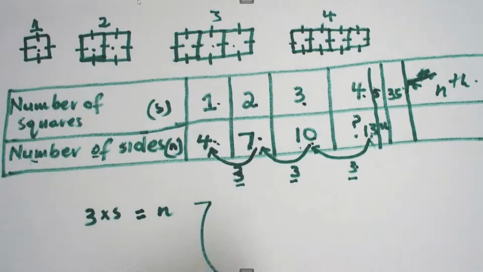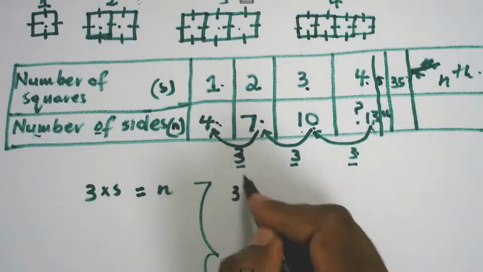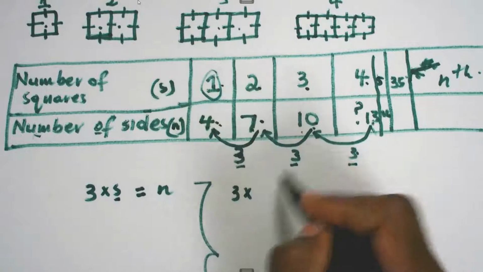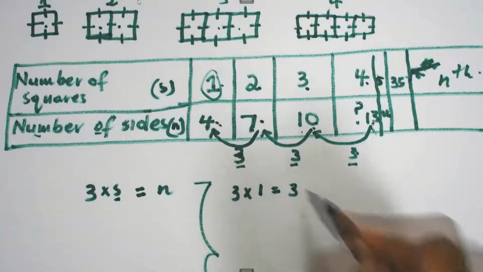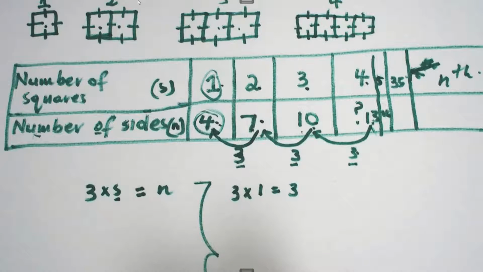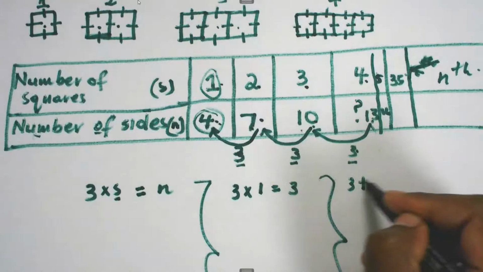We do our own estimate. We say, okay, if I take this 3 and multiply it by the number of squares, in the first one I've got 1. 3 multiplied by 1 equals 3. But the sides are not 3 there. So I put that aside and say, how about 3 plus 1?